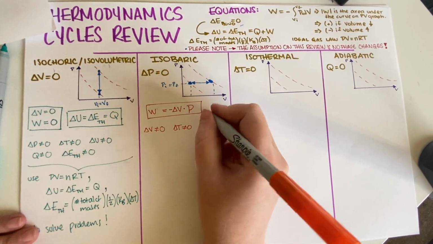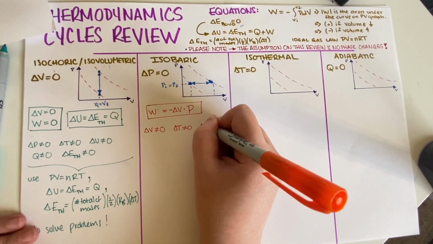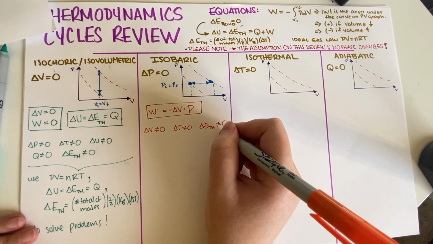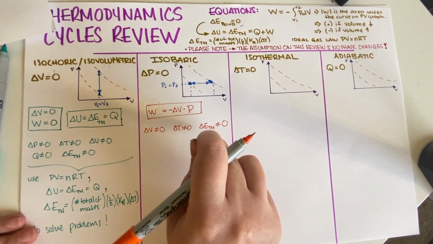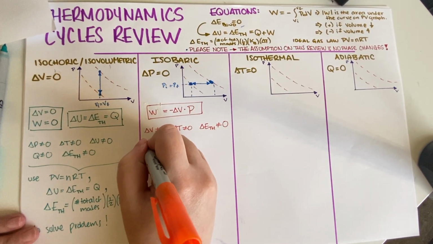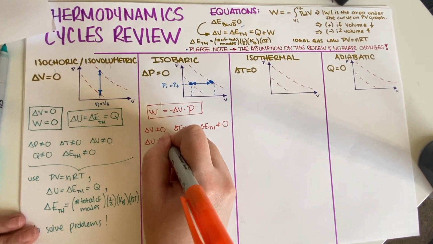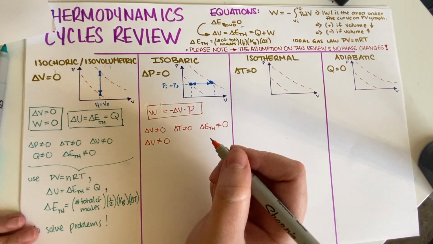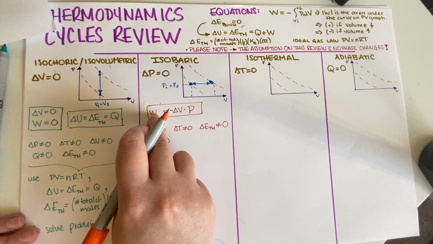This not being equal to 0 means that E thermal is not equal to 0, and this not being equal to 0 means that this is not equal to 0. And then work is not equal to 0. We already said that.